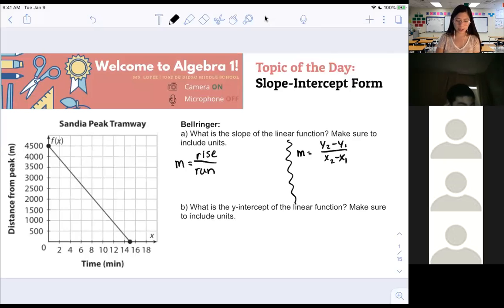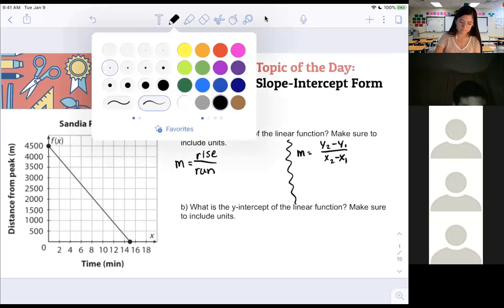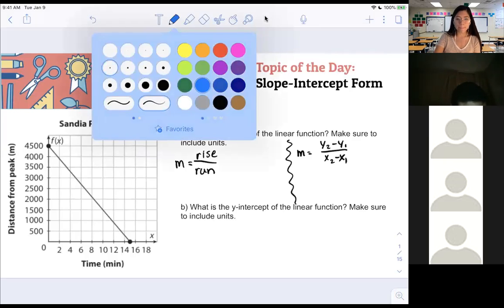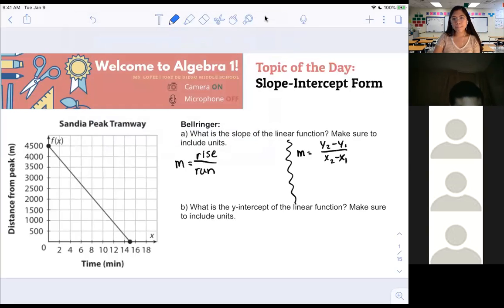Now remember, you want them to be perfect points, so you don't want them floating somewhere in the middle. On this graph, can anybody give me a perfect point? 10 and 1500. Very good. And I need 2 of those. Does anyone see another one? 0, 4,500.